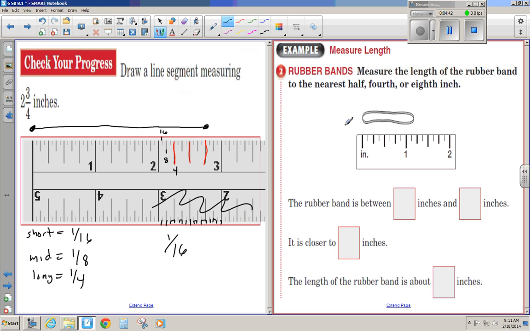All right, measure the length of a rubber band to the nearest half, fourth, or eighth of an inch. So it's starting at 0, and we're going to about right here. So the rubber band is between 1 and 2 inches.